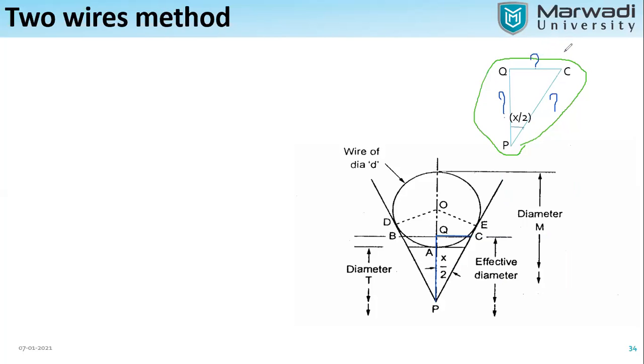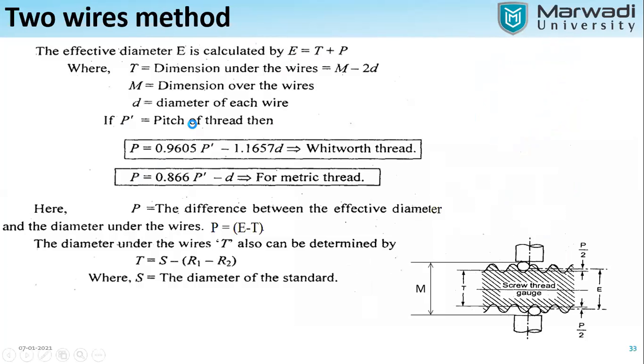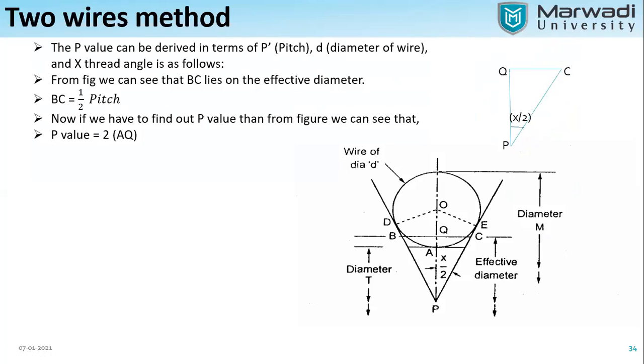So now let's see how we can find the distance PQ first, as we have the angle and one side. Here you can see BC is half of the pitch. Our task is that the value of P is 2 times AQ. So how did we get AQ? Here you can see the formula we have used: it is PQ minus AP. See the diagram and tell me, is it correct or not?